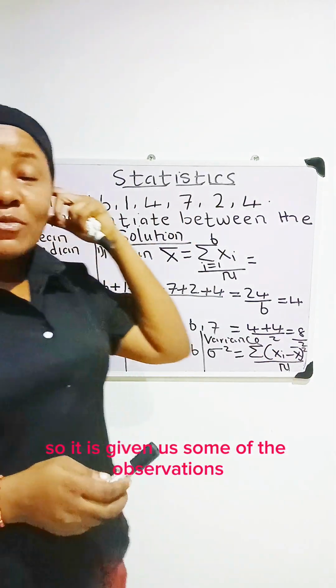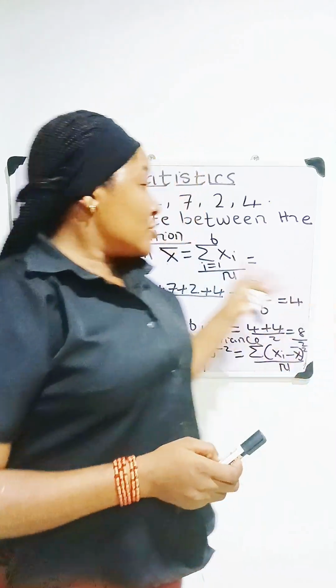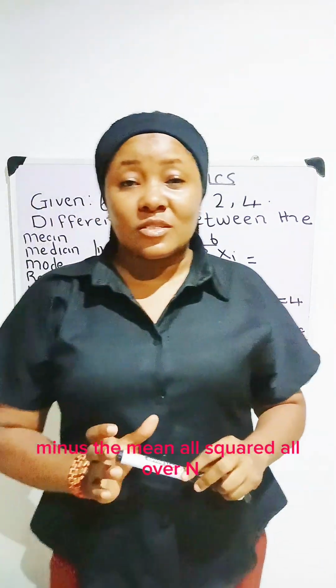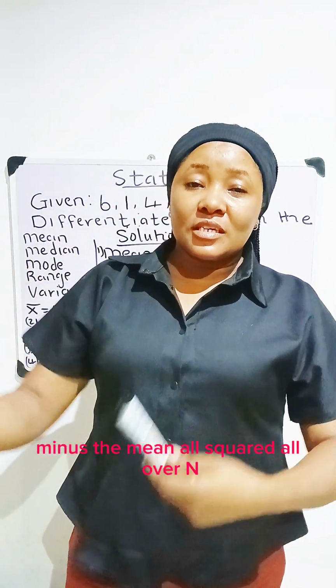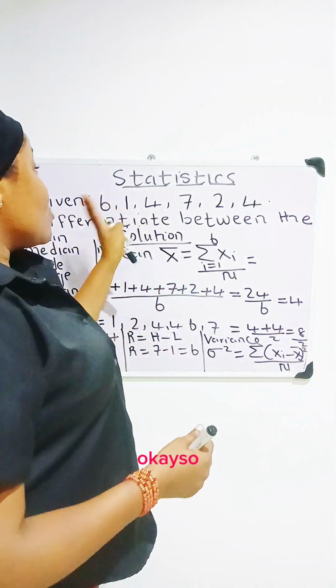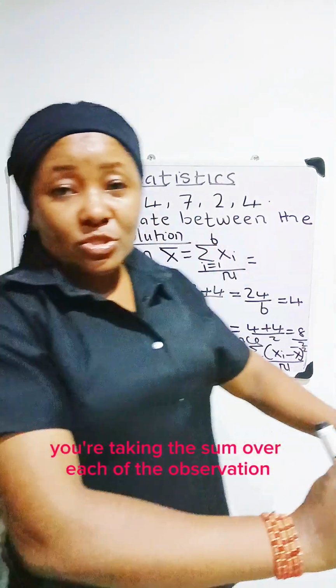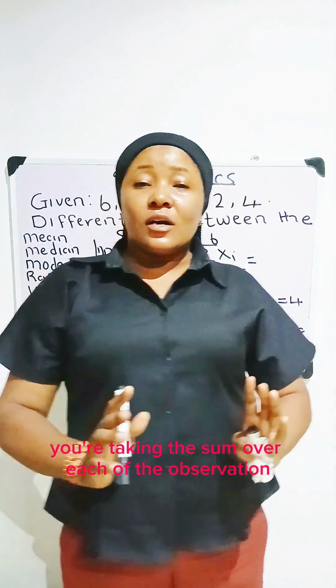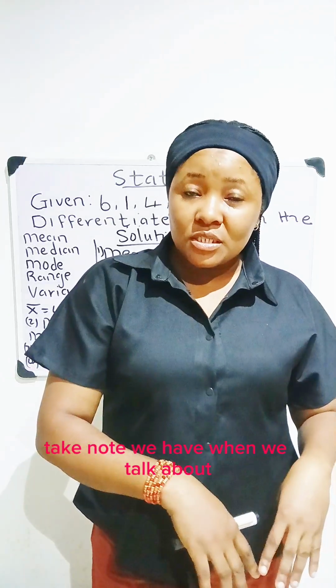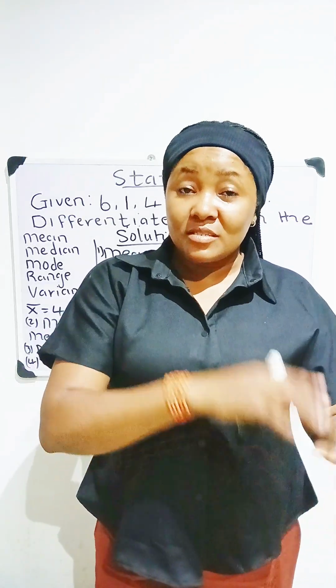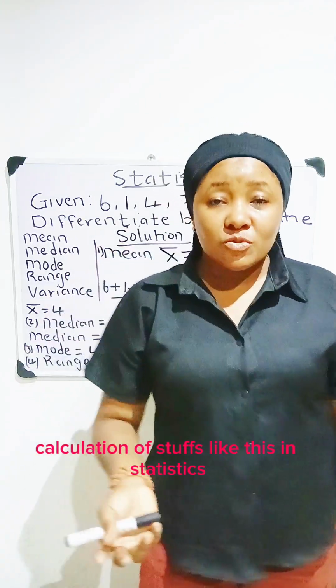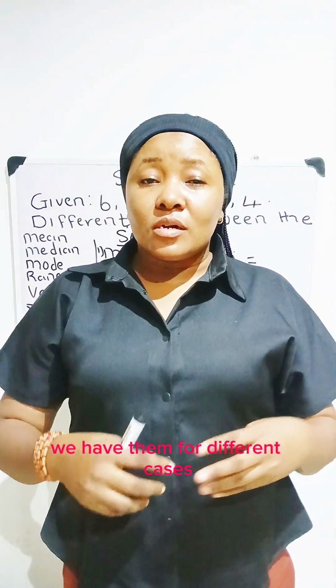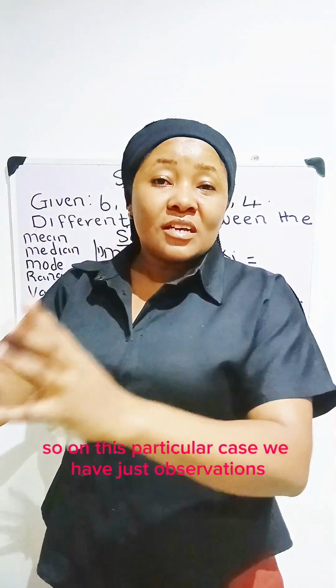Take note, when we talk about calculation of stuffs like this in statistics, we have them for different cases. So on this particular case, we have just observations. There are cases where we'll be having frequencies attached to the observations, that is the frequency table. There are also cases where we can be having observations in intervals.